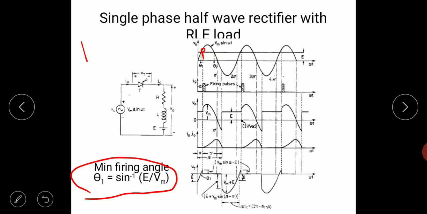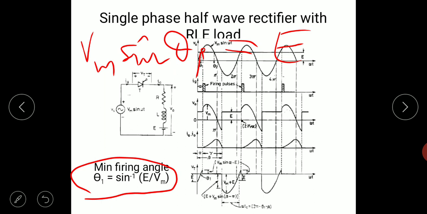So we can say that Vm sin theta 1 is equal to E, and from here theta 1 will become sin inverse of E upon Vm.